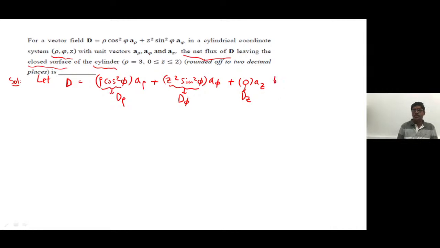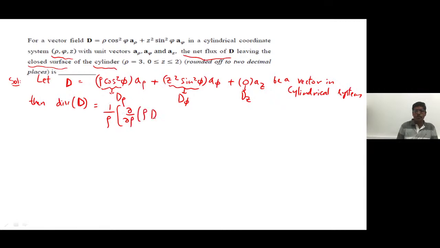So let this be a vector in the cylindrical coordinate system, then the divergence of this vector is equal to the formula 1 by rho multiplied by dou by dou rho of rho times D rho, where D rho is the vector component in the rho direction, plus dou by dou phi of D phi plus dou by dou z of Dz. So take care, this is the notation.